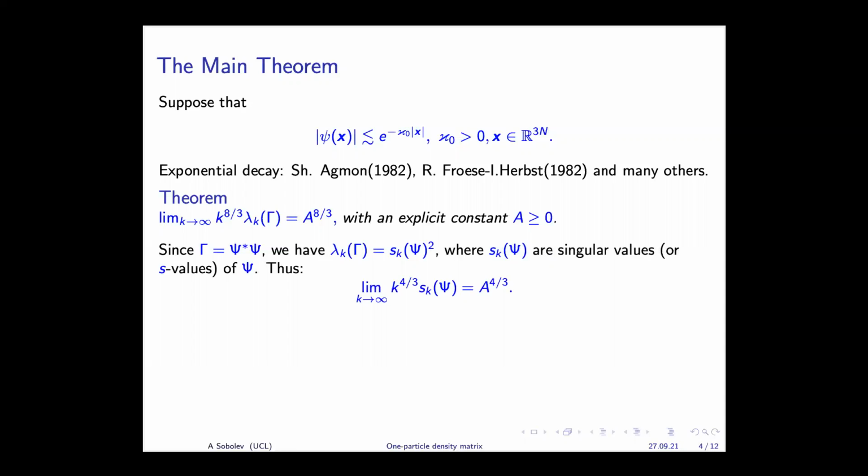Okay, so the first step, a sort of simplification. You remember that gamma was a product of these two operators, psi star and psi. So this means that eigenvalues of the operator gamma are actually singular values of the operator psi.